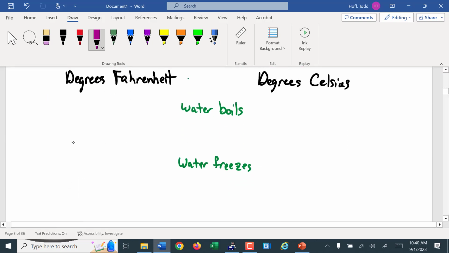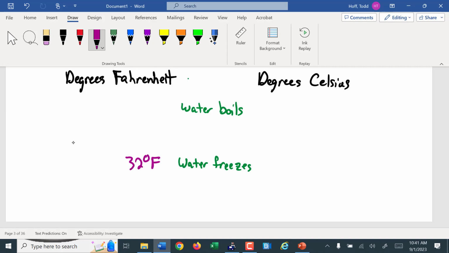Okay. Our last unit conversion we want to talk about before we get more into the precision measurement is temperature conversion. In the customary system, of course, we deal with degrees Fahrenheit. The benchmarks we typically use are where water freezes and where water boils. In our customary system, what temperature does water freeze? 32 degrees Fahrenheit.